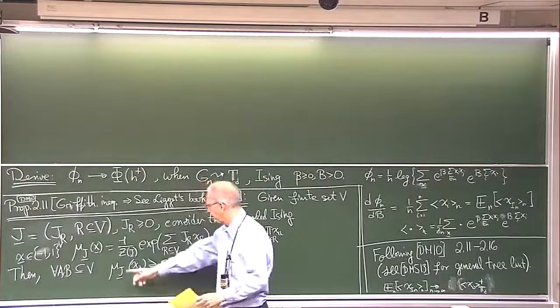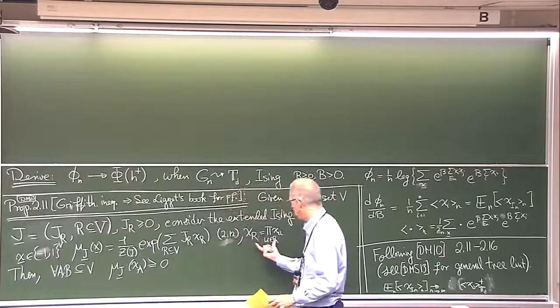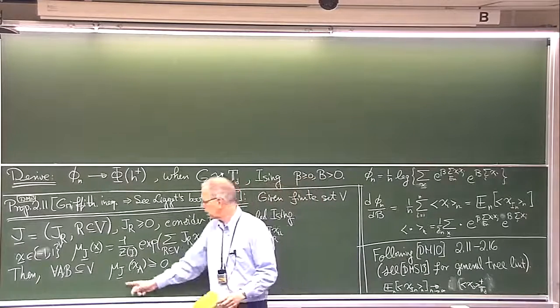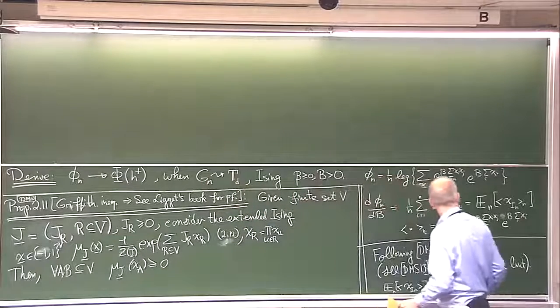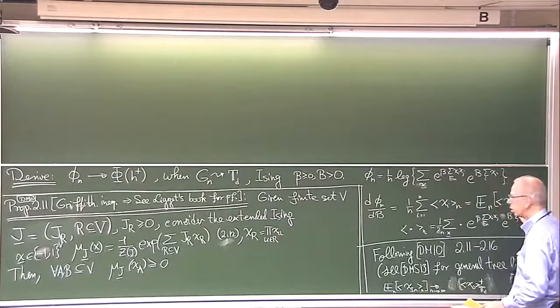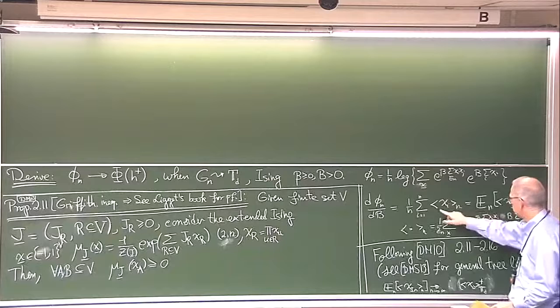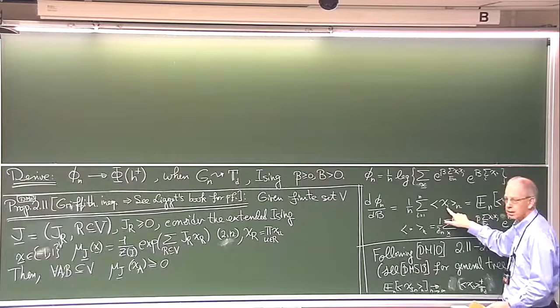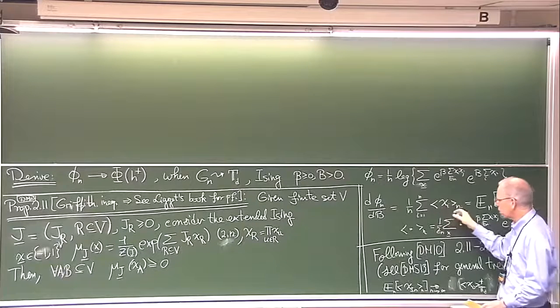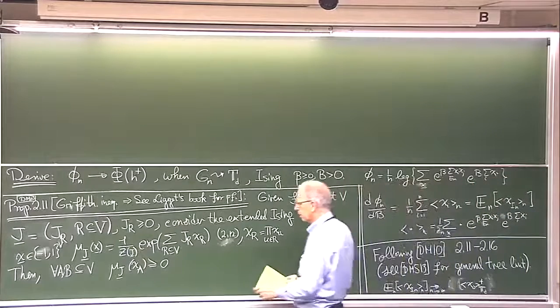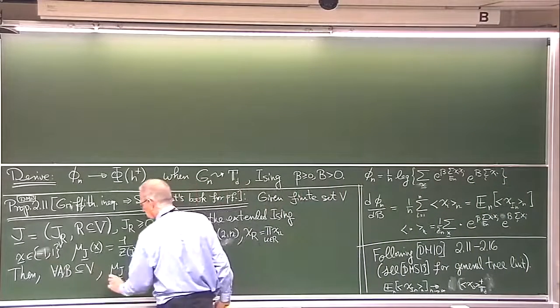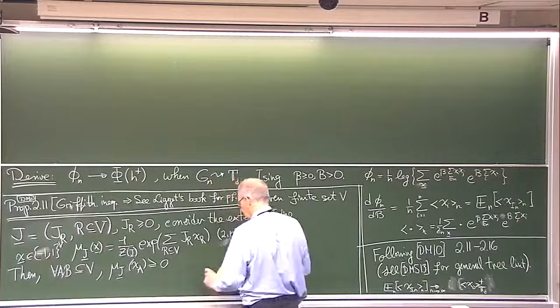This is just the average of this product with respect to mu_J. So in particular, for example, this quantity is one such. A is a singleton i, and it's the average on our graph in the particular case. So it's always going to be greater or equal to 0 if all the parameters are non-negative.